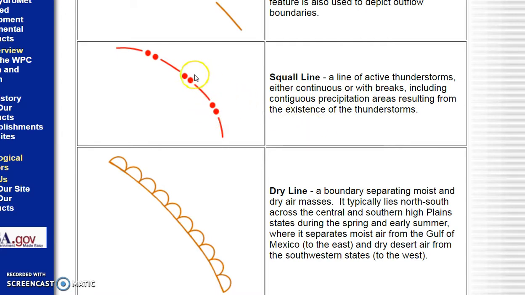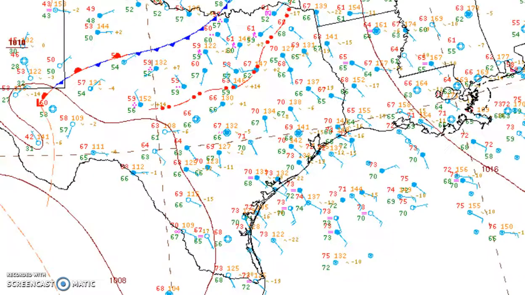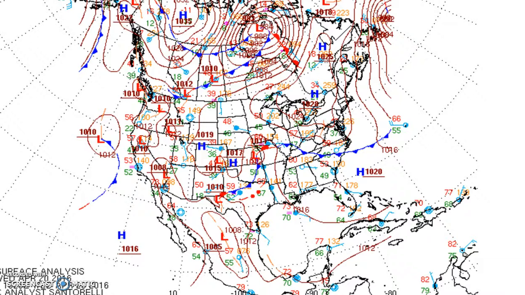Let me show you the radar that's going on right now, where this squall line is indicated. Oops, that's not it. Let's see. Nope. Here we go. So we have a squall line right here. Let me pull up the radar and I'll show you what's happening, because this is a couple of hours old, but it's fairly recent.